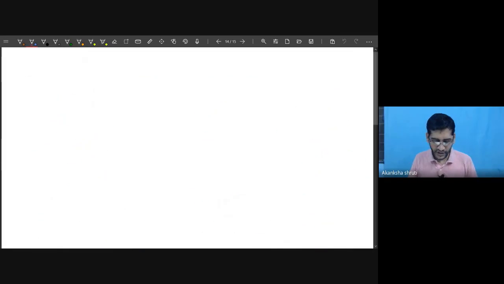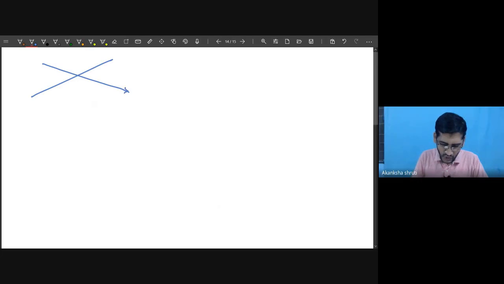The other thing related to the angle that we are going to write: properties of angles. So student, we have learned that if we have two lines intersecting each other, consider these as AB and CD, intersecting at point O. Then how many angles are formed at point O? 4.